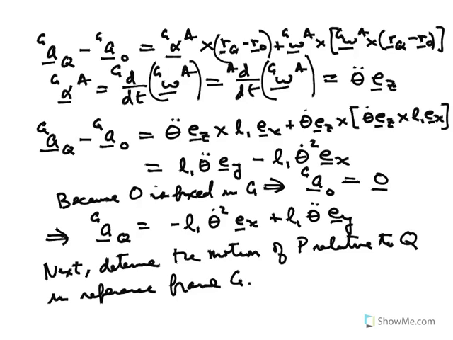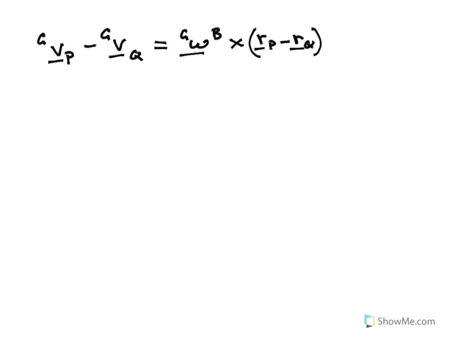So the first thing we have is as follows. We have that the velocity of point P in G minus the velocity of point Q in G is equal to the angular velocity of B in G crossed with the position of P minus the position of Q. Now, why did we do that?